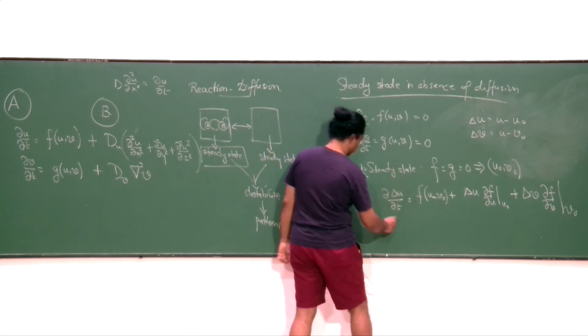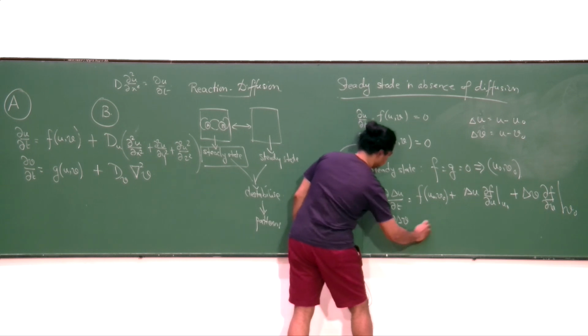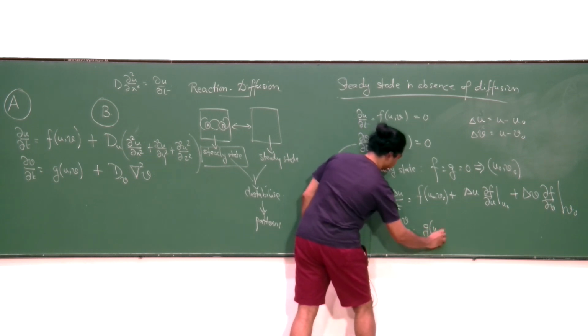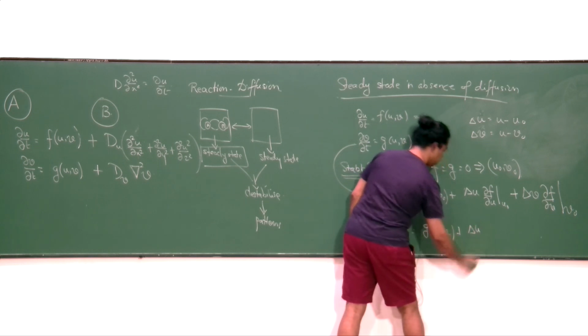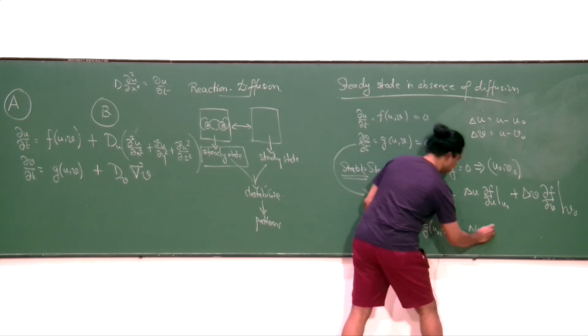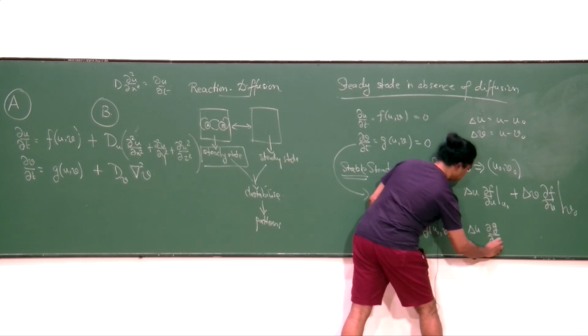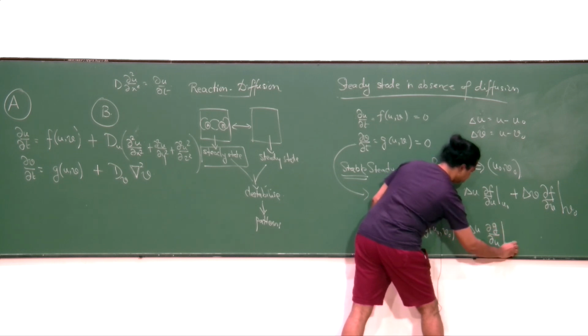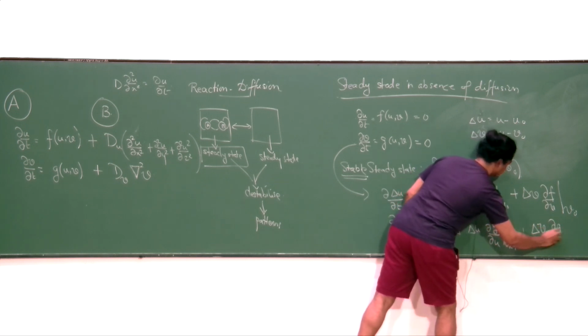And similarly, delta v delta t is equal to g of u naught v naught plus delta u del g del u at u naught v naught plus delta v del g del v.